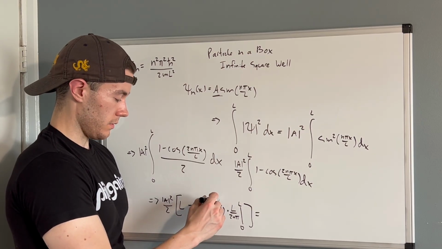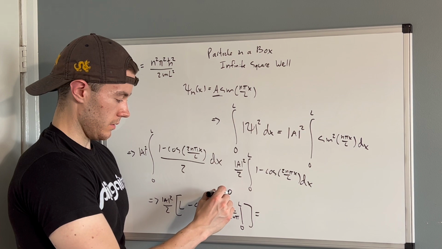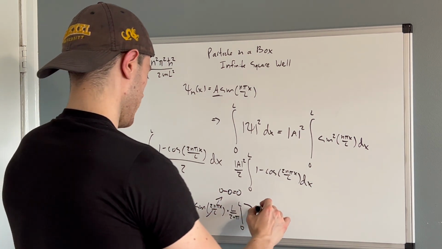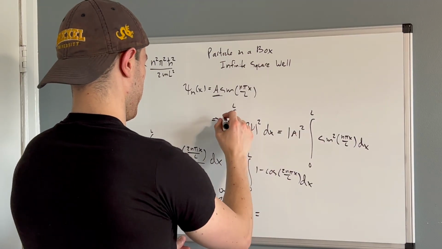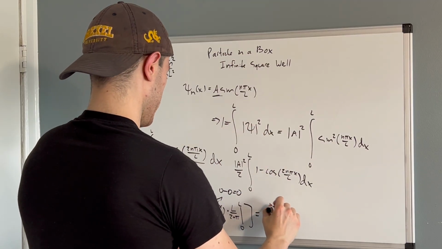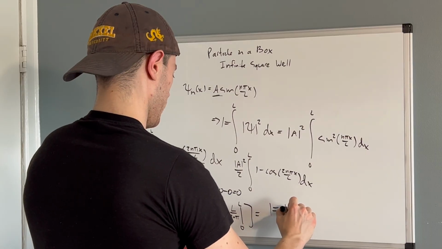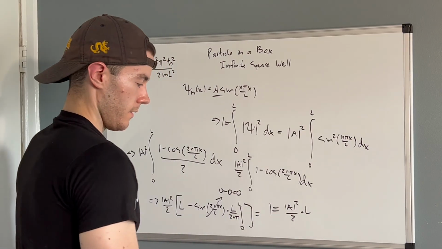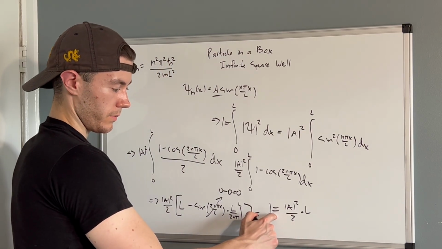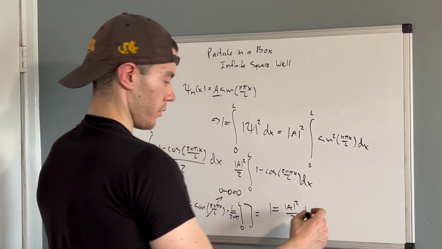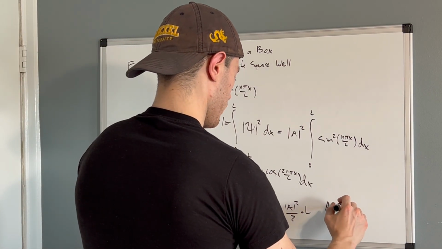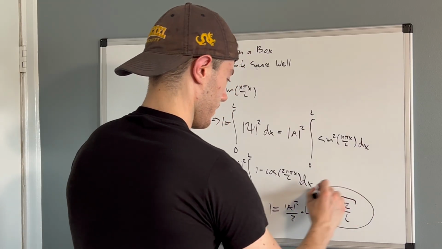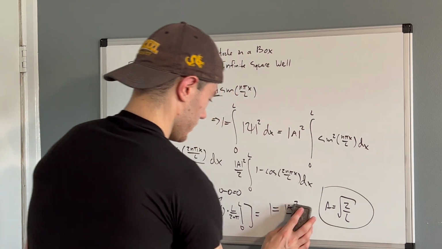So this is 0 minus 0 equals 0, which means that only this L term survives, and we're going to get 1 is equal to A squared over 2 times L. Multiply both sides by 2, divide both sides by L, square root. A is equal to square root of 2 over L. And that's how we normalize the wave function.